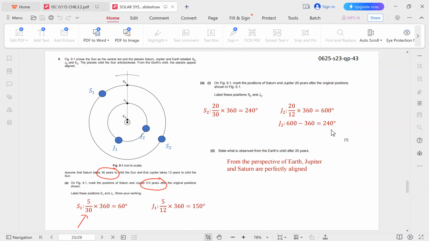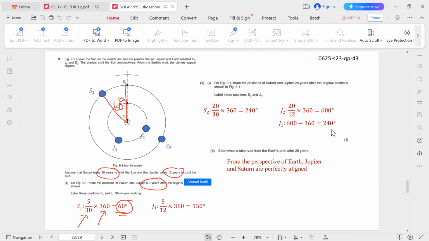And the cycle, we said, is 360. So it should be at a 60-degree angle from where it initially was. So we're assuming that this angle here is roughly 60 degrees, and they don't want you to measure it with a protractor or anything. As long as you state that the angle here is required to be 60 degrees. Same thing for Jupiter. It takes 12 years to complete one cycle.